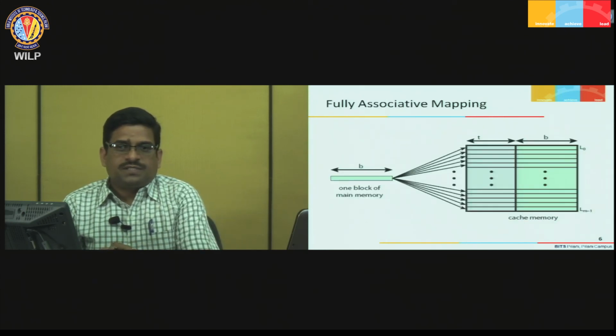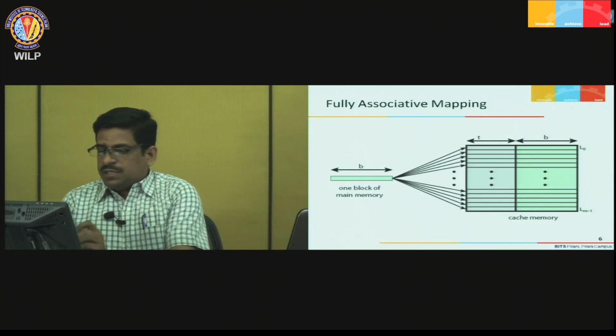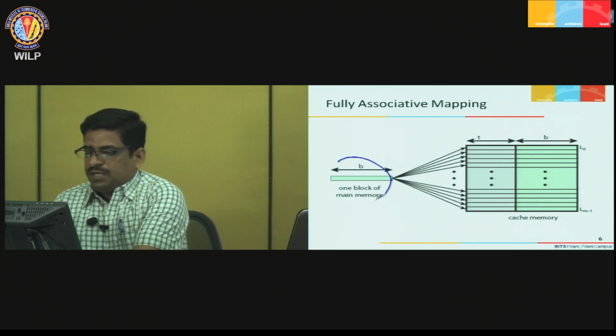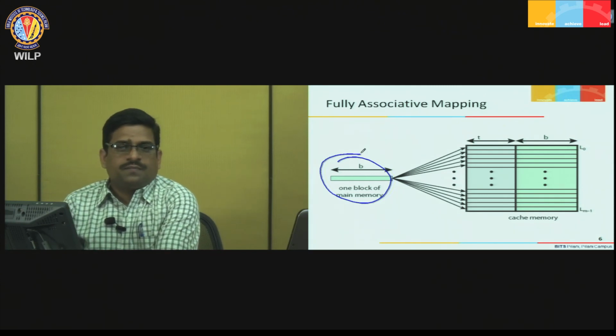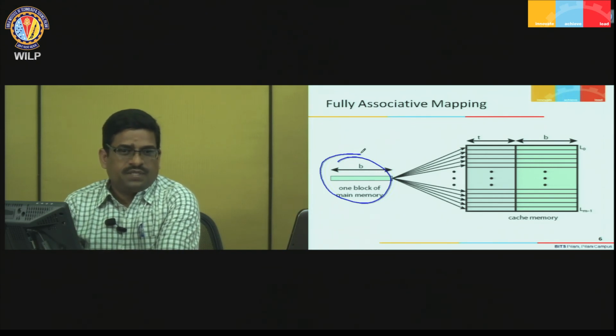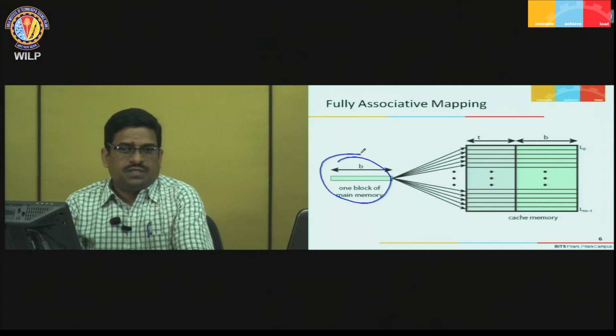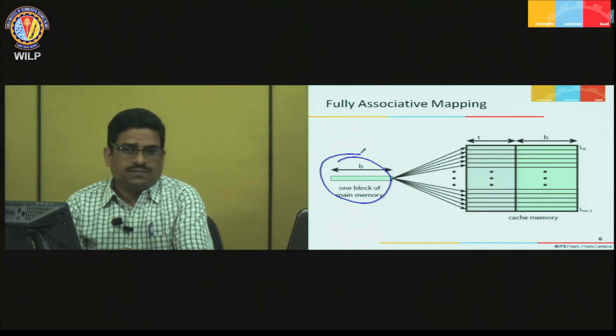In this picture you can see that one block of main memory pointed here can go in any line of the cache memory, wherever the line is empty. There is no fixed mapping from block to cache line, and that will solve the problem of poor cache utilization.